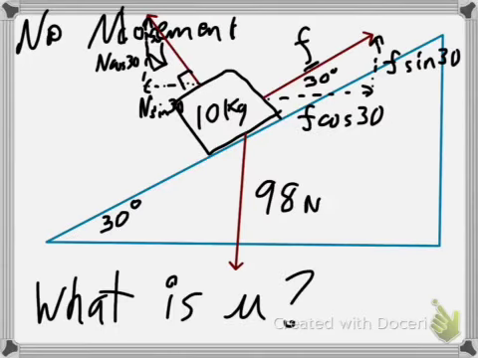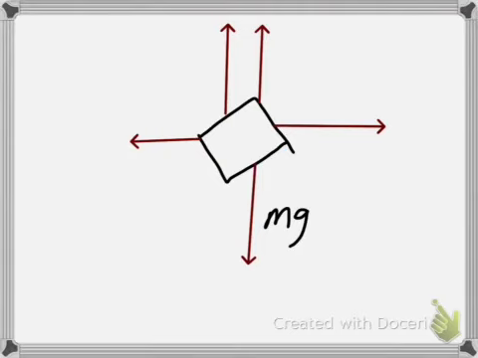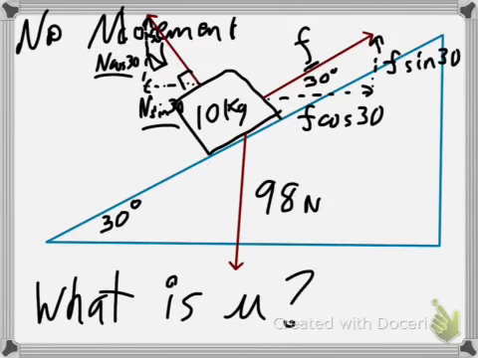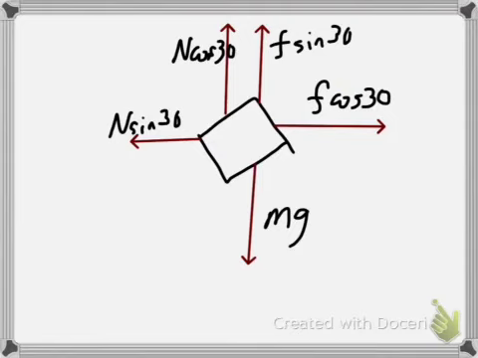If you look back here, my F cosine 30 goes to the right, so that would be F cosine 30. My F sine 30 goes up. My N cosine 30 goes up, and my N sine 30 goes to the left. We can kind of double check all these, and we see that.